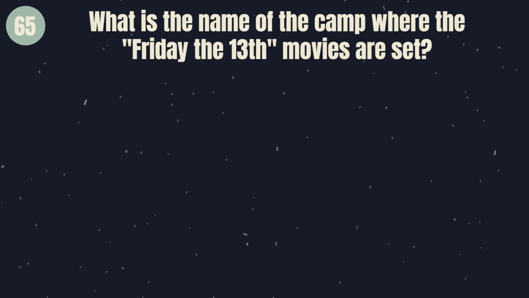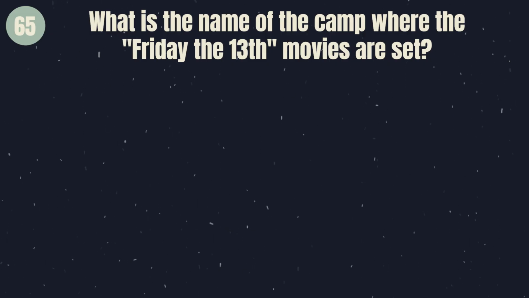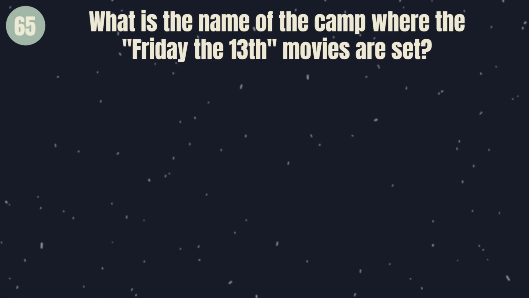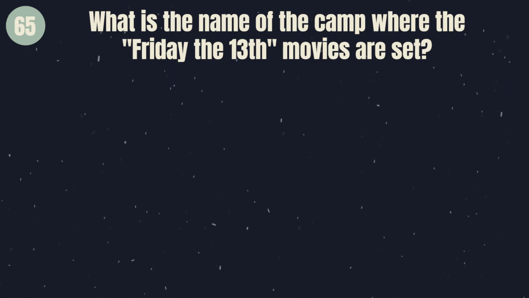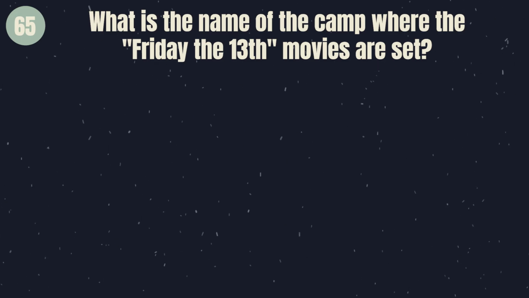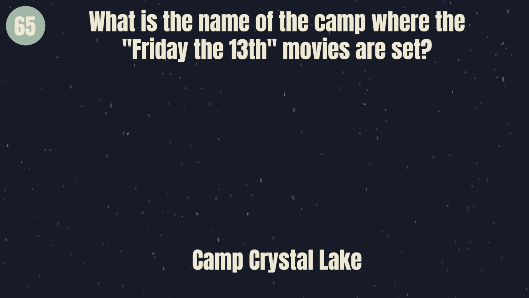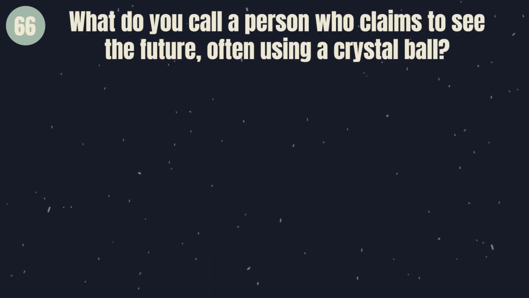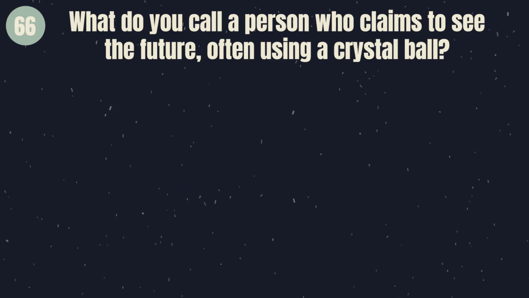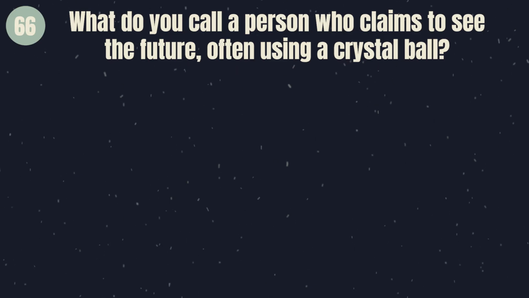What is the name of the camp where the Friday the 13th movies are set? Crystal Lake. What do you call a person who claims to see the future, often using a crystal ball?